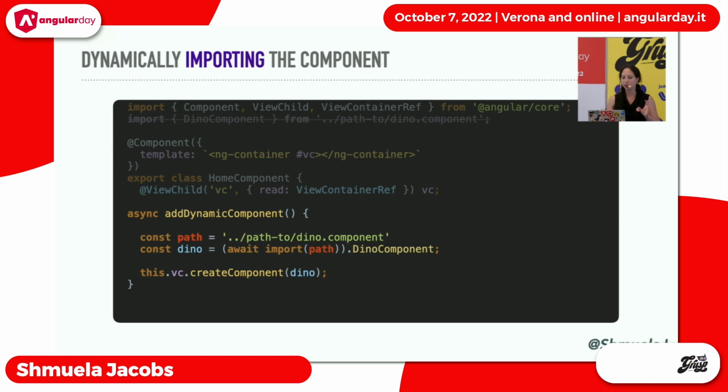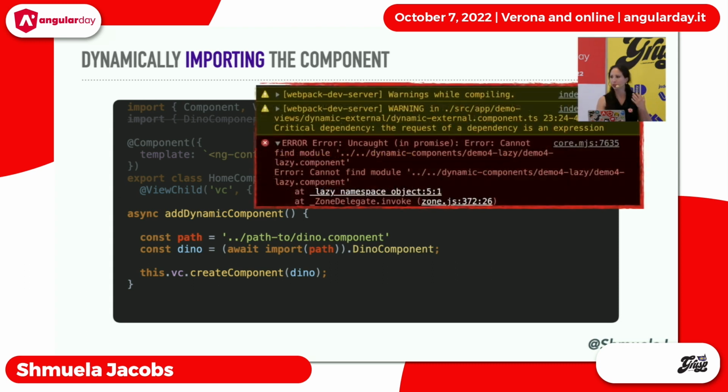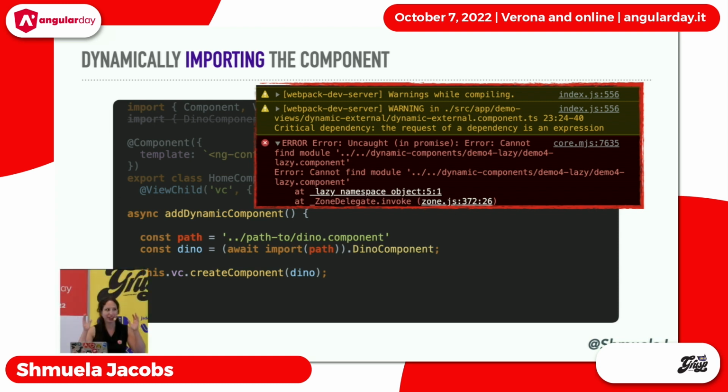If you try to do even something like this, just have the path as a constant variable and pass it here, it will not work. You will get an error from Webpack because it really needs to know everything ahead of time. So if you're passing a variable, it's like, oh no, I'm not working this way.